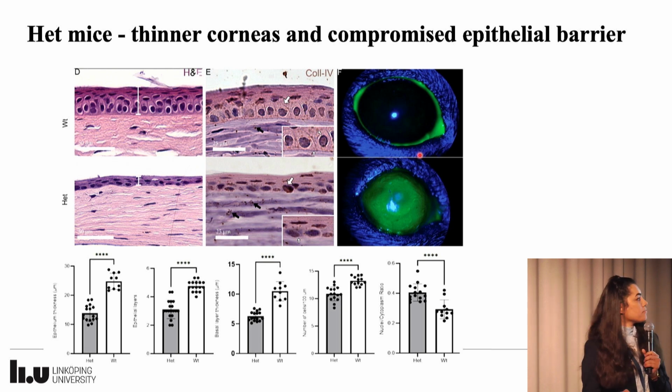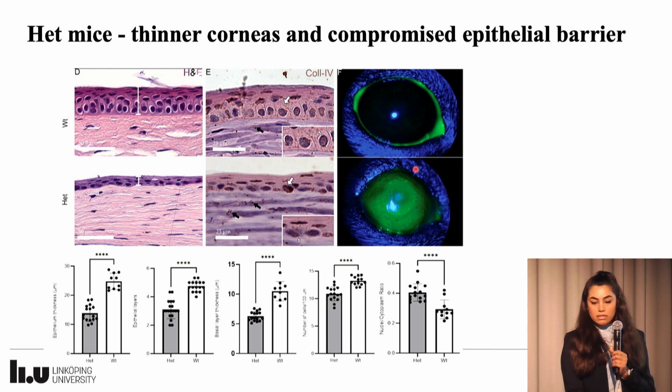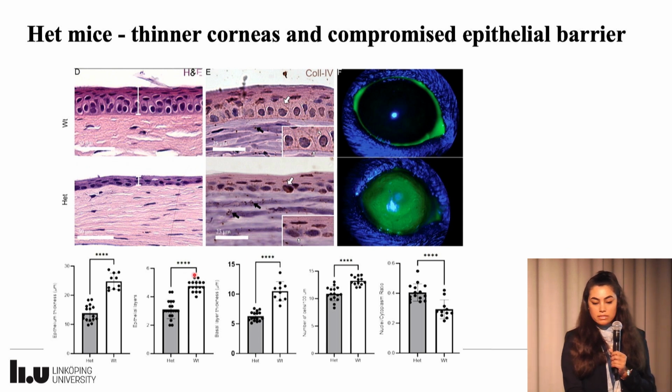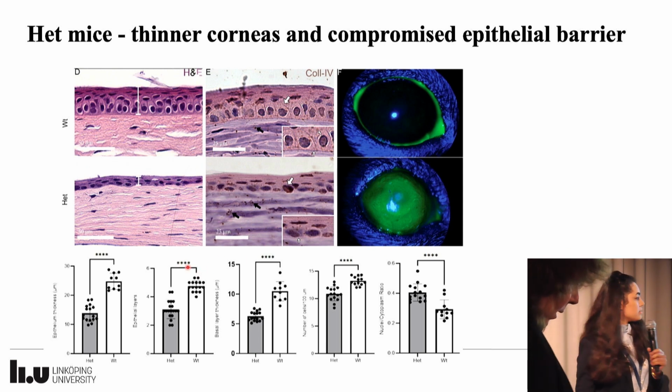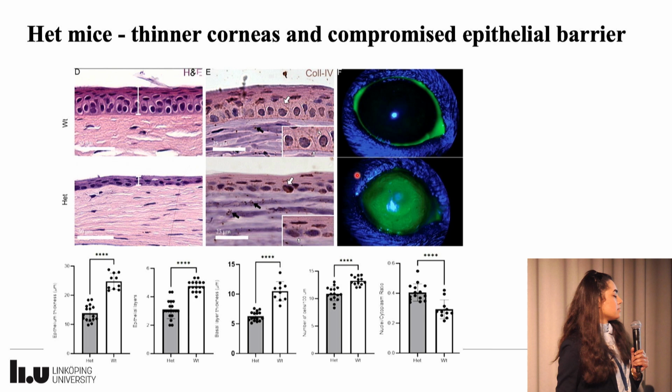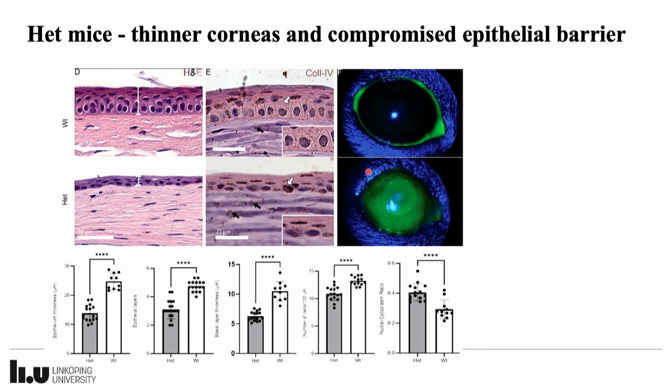After applying fluorescent dye in the live cornea and imaging under blue light, it further confirms the impairment of the barrier function in the epithelium. We did further analysis in het mice in terms of the epithelium thickness, epithelial layers, and epithelial layers thickness, and in all cases, het mice were significantly lower than the wild type.